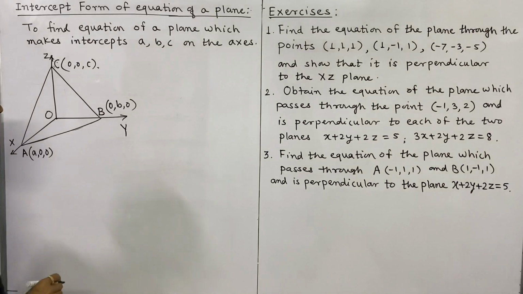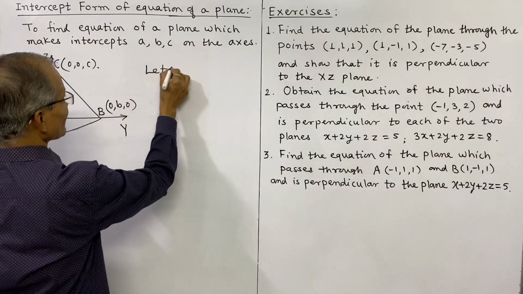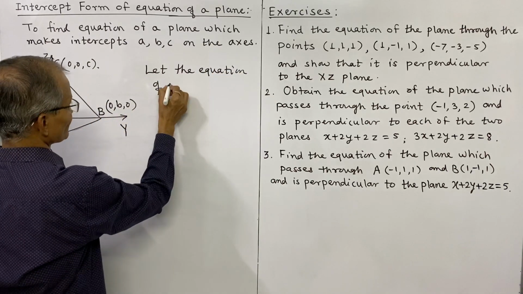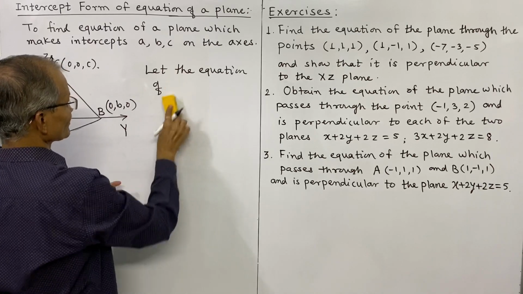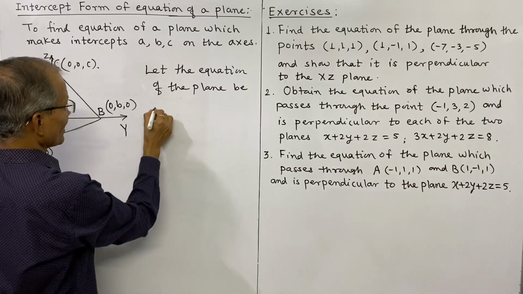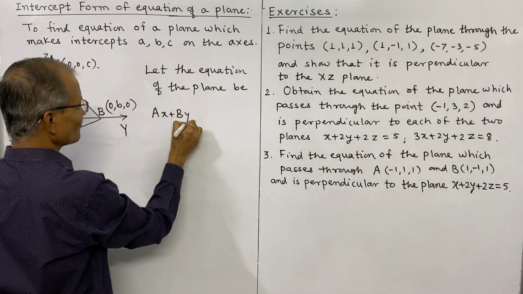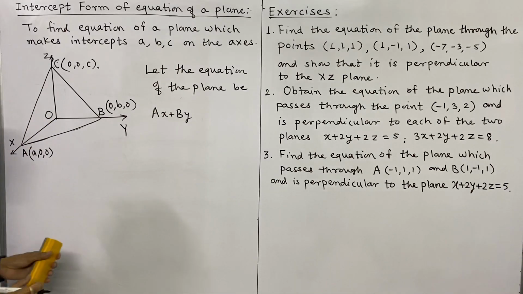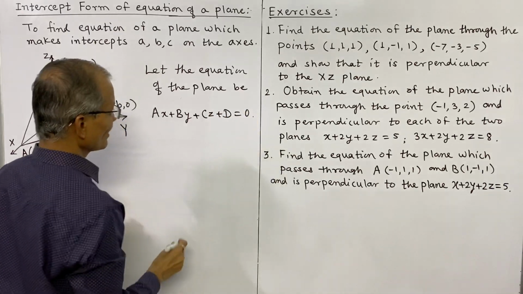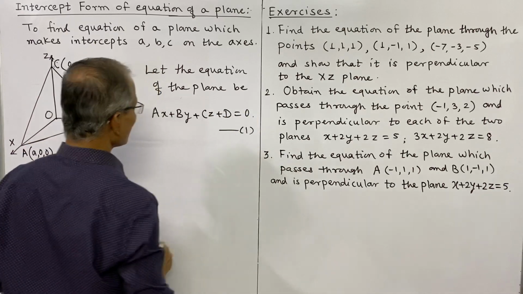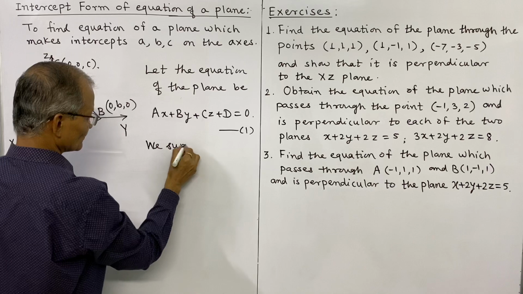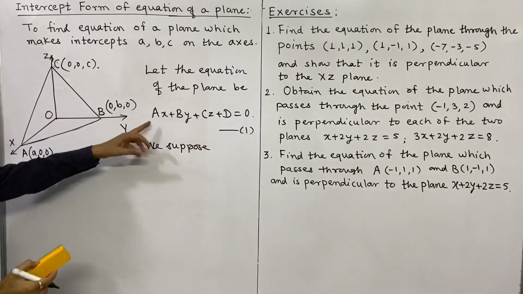Now we shall start with the general equation. Let the equation of the plane be in general form: A into x plus B into y plus C into z plus D is equal to 0. Instead of small a, b, c, we are using capital A, B, C, since small a, b, c are used for intercepts, so that there is no overlapping of notation.